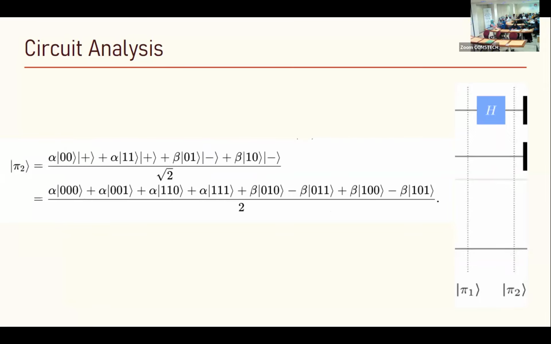So what we do is pick 0,0 and 0,0 here. So we get (alpha ket 0 plus beta ket 1) divided by 2, ket 0,0. We need to isolate two qubits at one side and the most significant qubit at the other side so that I can measure them.